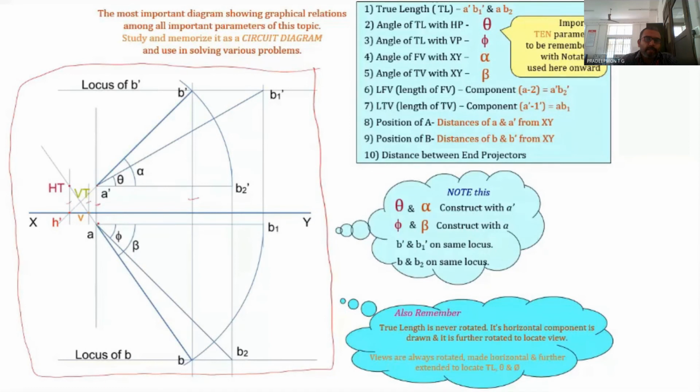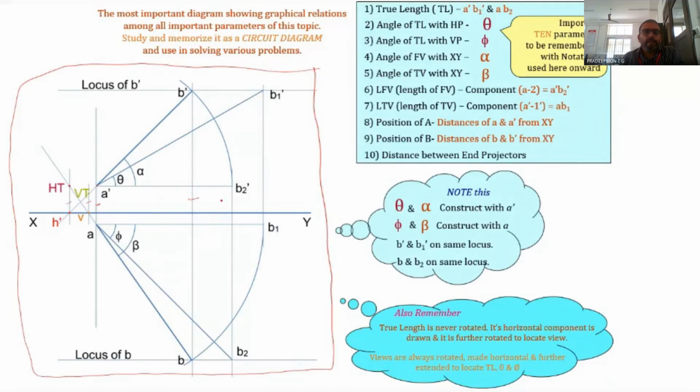B dash and B1 dash will be on the same locus, that is the locus of B dash. The locus of B dash is a line which is parallel to the XY line, and both B dash and B1 dash will be lying on the same line.